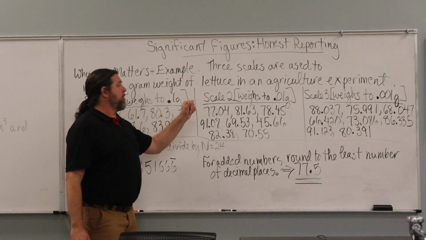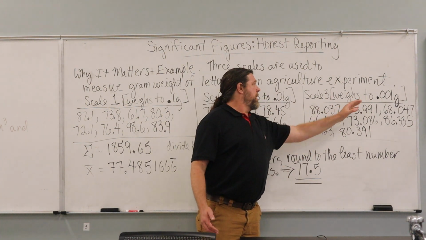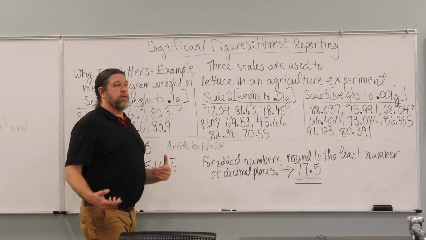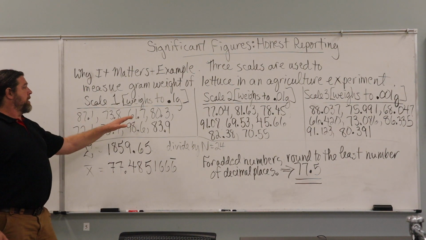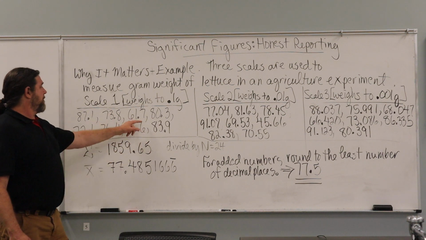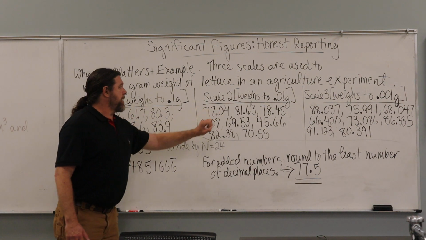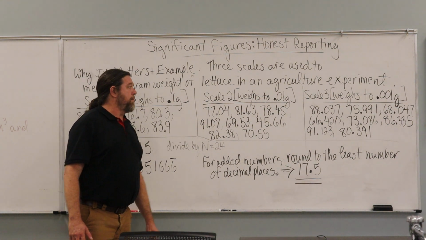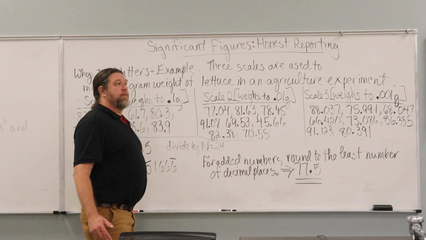And the second scale weighs to 100th of a gram, 0.01. And then the third one is the best of all, it weighs to 1,000th of a gram. And so here we get their data. As you can see, this set reflects 1/10 of a gram measurement, this set reflects 100th of a gram measurement, and this scale represents 1,000th of a gram measurement.